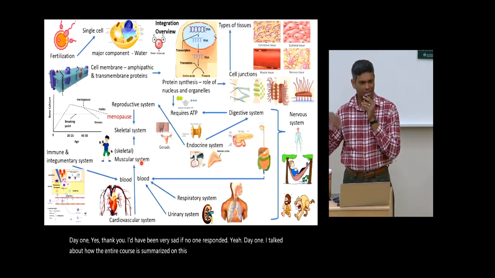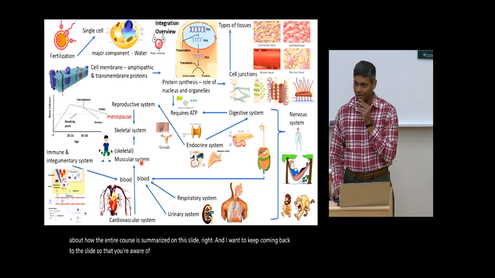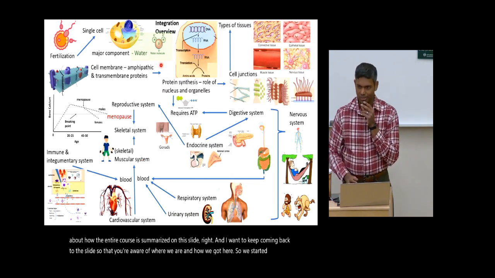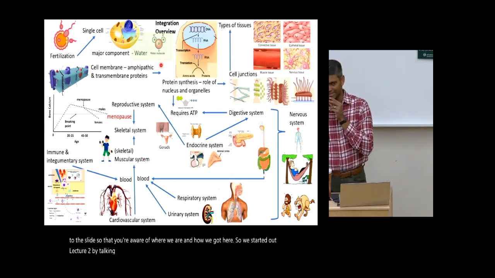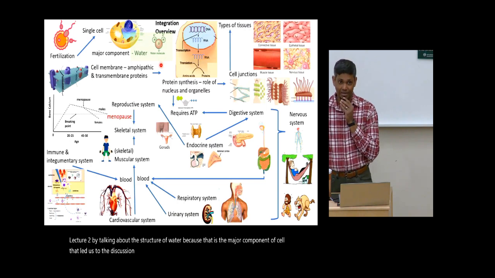And I want to keep coming back to the slide so that you're aware of where we are and how we got here. So we started out lecture 2 by talking about the structure of water, because that is the major component of cells. That led us to the discussion of how various substances can interact with water.